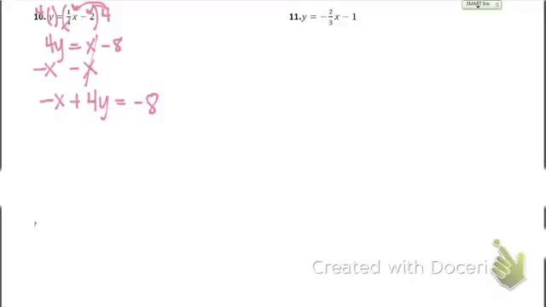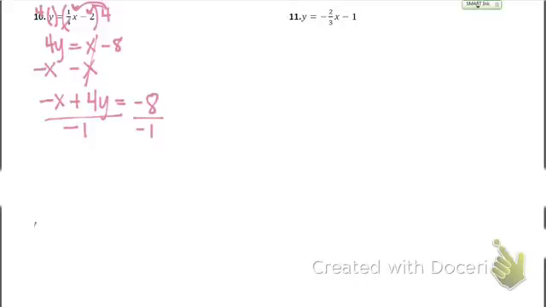No. So the thing about standard form, x's always come first because remember, mathematicians like things alphabetical. But we also want the x to be positive. So what could I do to get that negative x and turn it into a positive x? Rose. Divide by negative 1. So I divide the whole thing by negative 1.